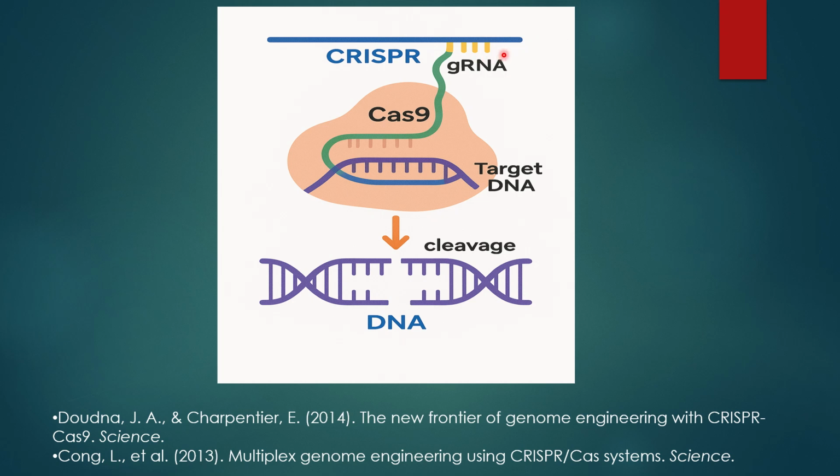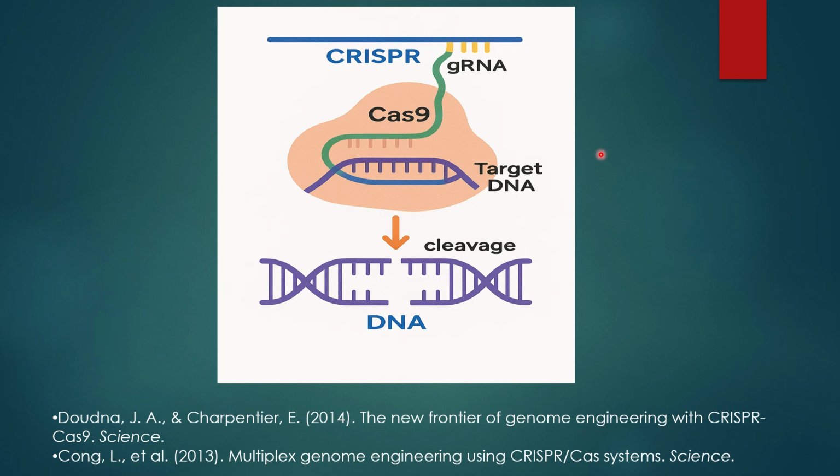An RNA molecule complementary to those 20 base pairs is constructed, and the construct should be such that the nucleotide sequence is found only in the target gene. Suppose this is the target gene, so it should be complementary to this target DNA and nowhere else in the genome. So its specificity will be increased.